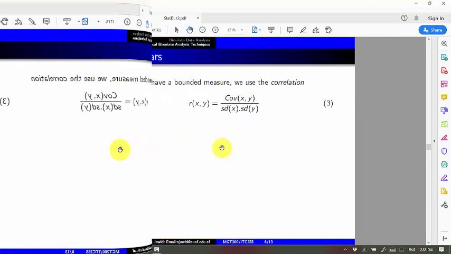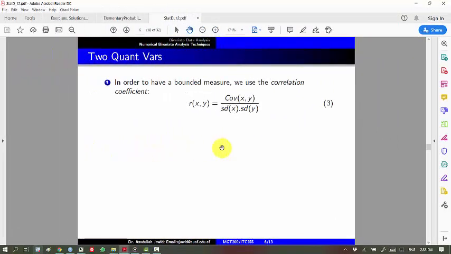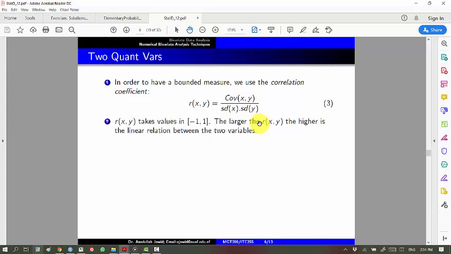A better statistic, which is bounded and used to measure the amount of linear association between two variables, is the correlation. Correlation is the covariance divided by the standard deviation of the first variable times the standard deviation of the second variable. Correlation takes values between -1 and +1. The larger the correlation in absolute value, the stronger the linear association between two given variables.